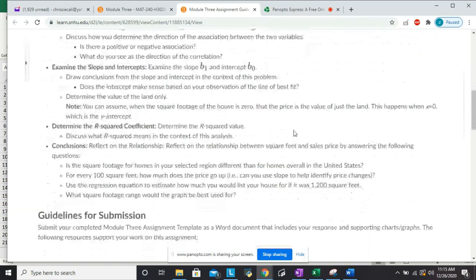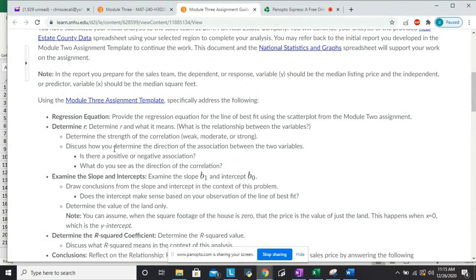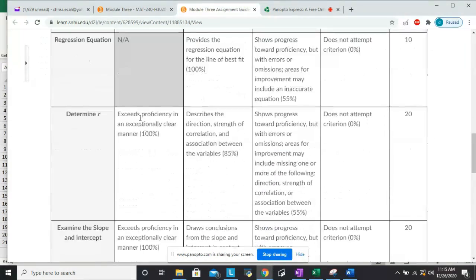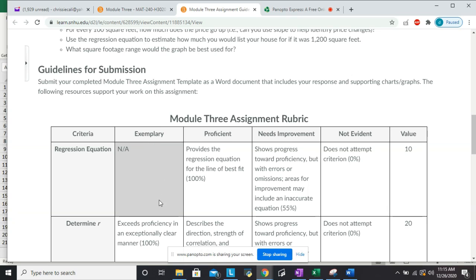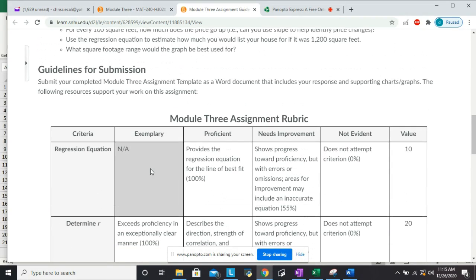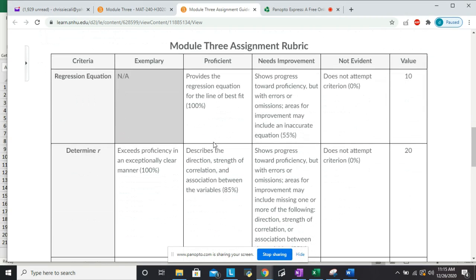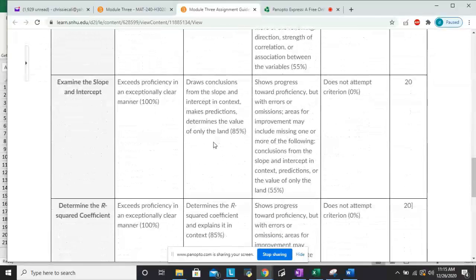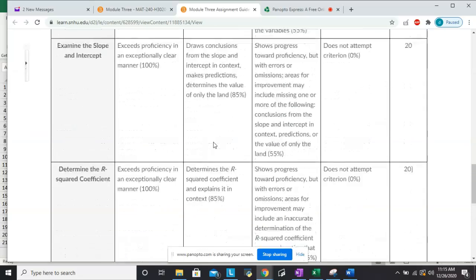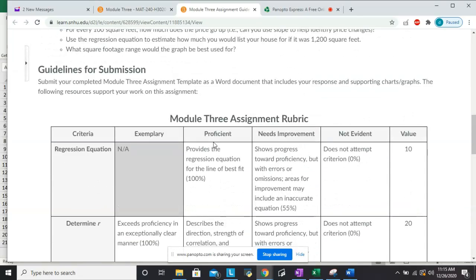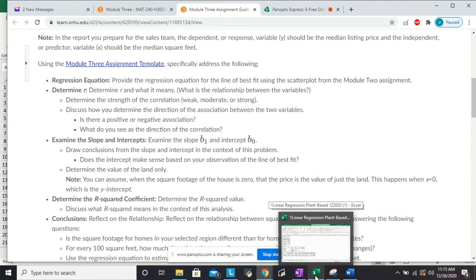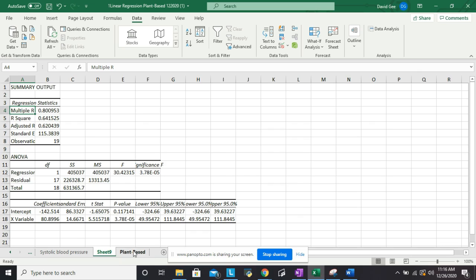You also want to make sure that each of these parts is answered and that you're completing everything to be exemplary as far as the rubric goes, so that you can get full credit. Looking at your rubric is a way to double check that each part is answered properly.